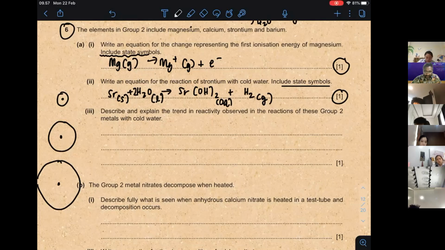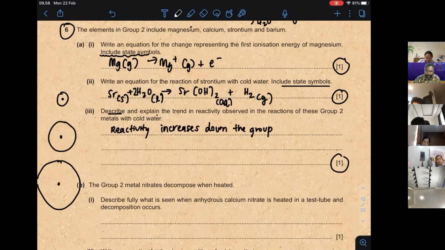So the reactivity, describe reactivity will increase down the group. Okay, and then you need to mention that, because it's 1 mark, and then they also ask you to explain. So you need to explain why.